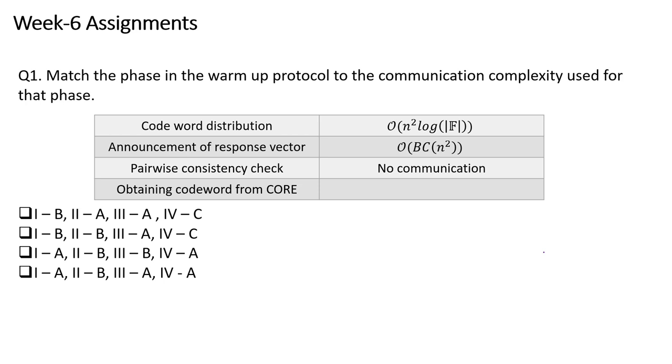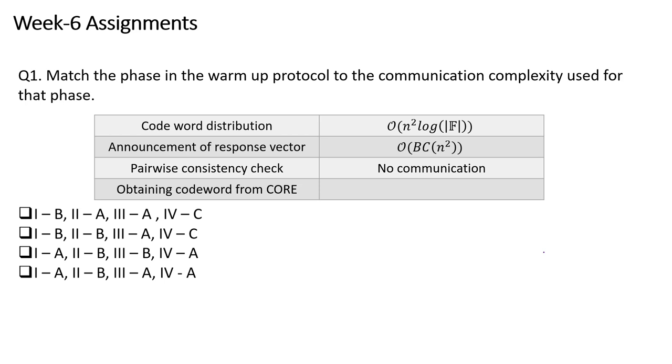So two field elements are sent from Pi to Pj, and two field elements are sent from Pj to Pi, and there are nC2 number of such communications, and that's why in total there is a requirement of order of n square log f bits of communication.